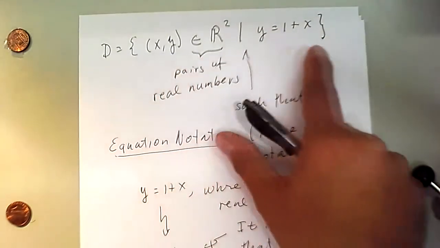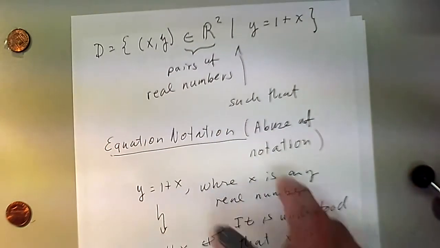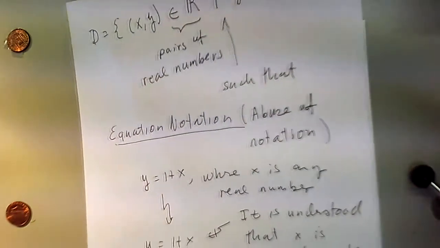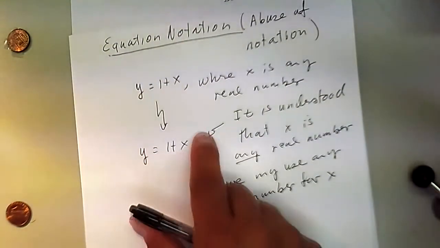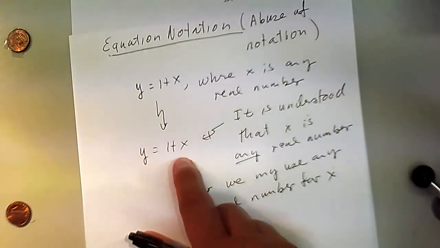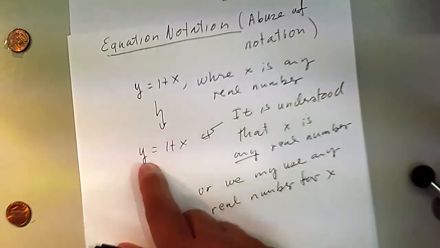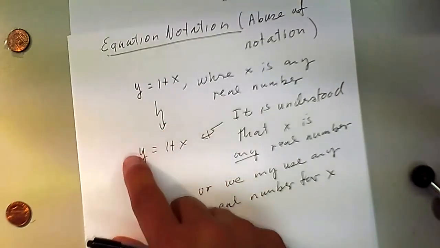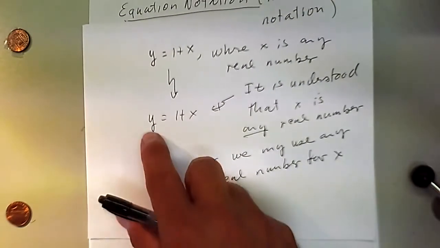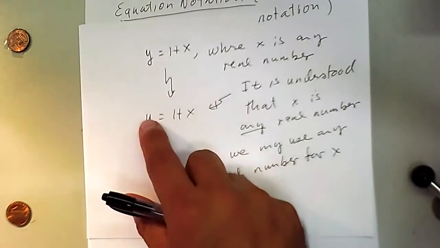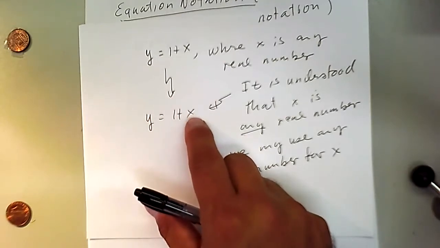Again, this becomes very lengthy, even though it is a short version. So we start getting a little more sloppy, and we start simply writing this. I don't necessarily disagree with using this notation, as long as we understand that x can be all the real numbers.